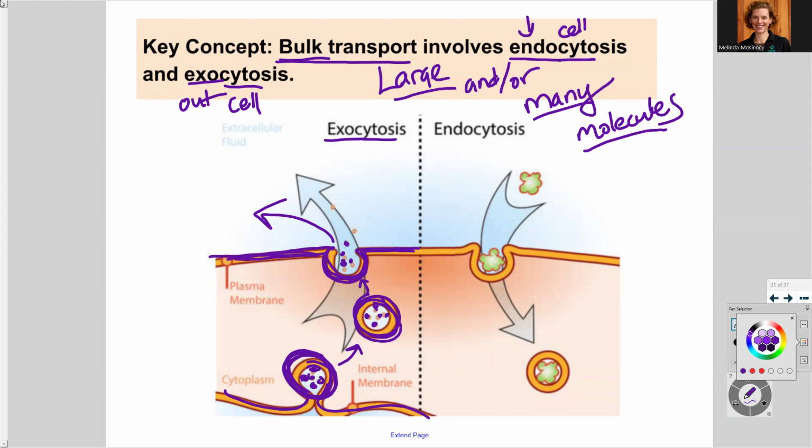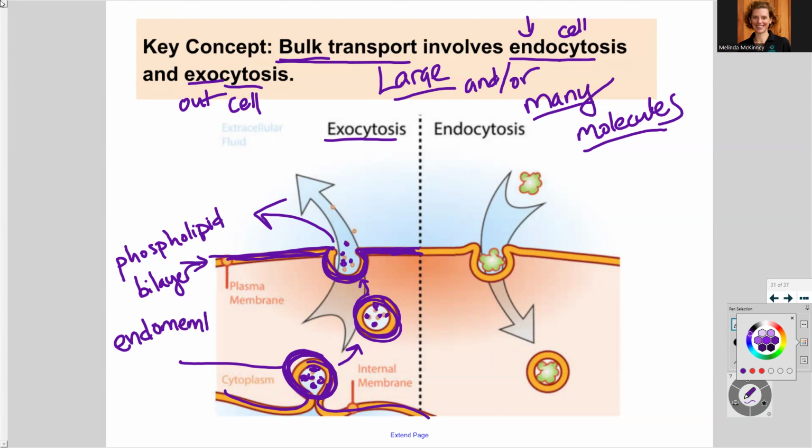So all of this stuff is a phospholipid bilayer, right? This is all a phospholipid bilayer. Lipid bilayer, okay? And if you remember, the vesicles are part of what we call the endomembrane system.